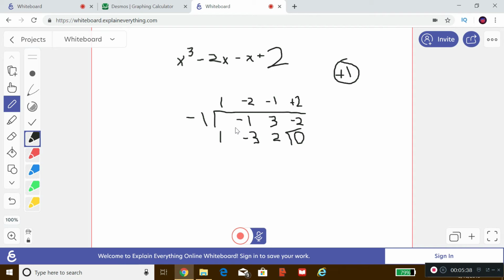So now we have x squared minus 3x plus 2. Now if you're a big nerd like me, you just recognize this as, drumroll please, x minus 1 times x minus 2.